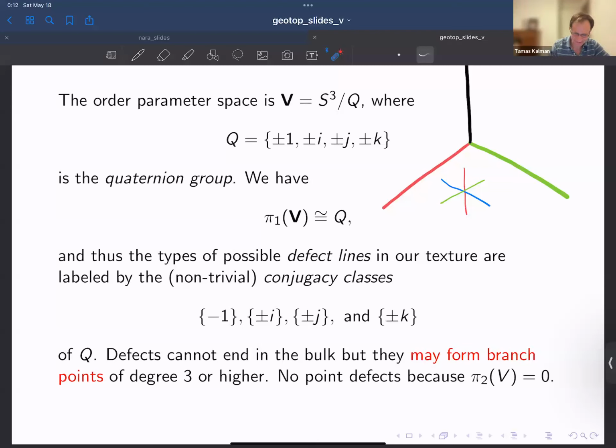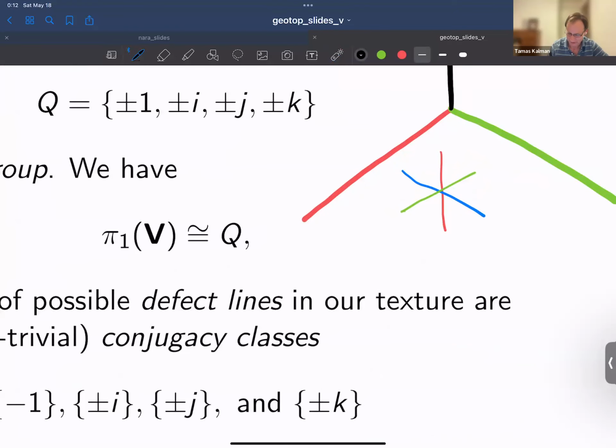So okay, let's do it. So indeed, let's say okay. So I have these axes. I haven't even made up my mind how to associate them to I, J, and K. Doesn't even matter actually. So let's say this defect is one of the 3, either I type, J type, or K type.